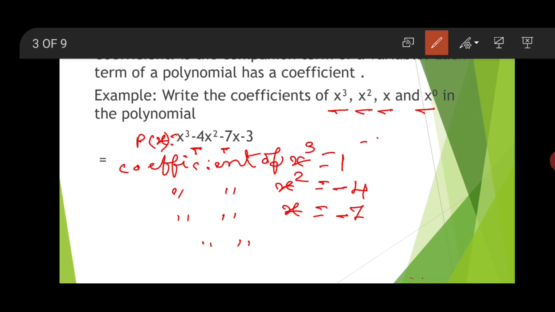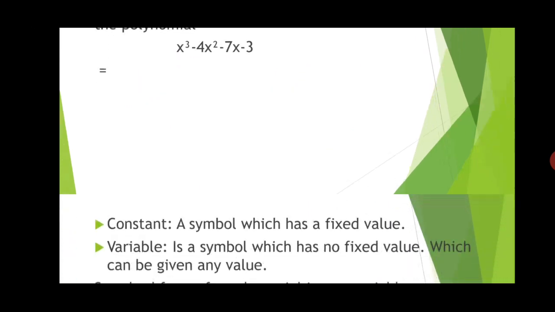I can write minus 3 in the form of 3 into, can you tell me anybody? Yes, x power 0. So the coefficient of x power 0 is equal to minus 3. Good. In this way we can find out the coefficients.